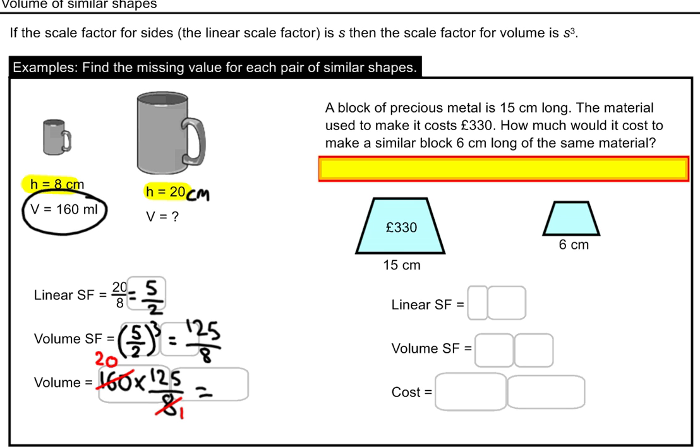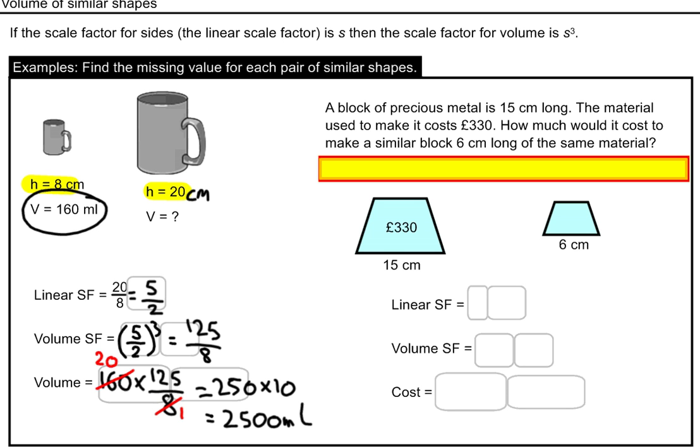Well, two 125s are 250. And I would need to times that by 10, would give me 2,500 millilitres, which I could write as 2.5 litres if I wanted.